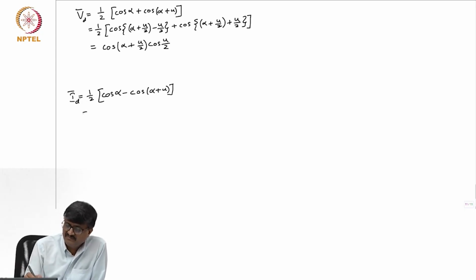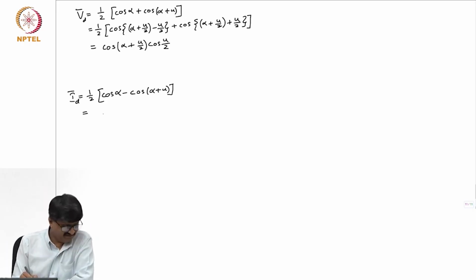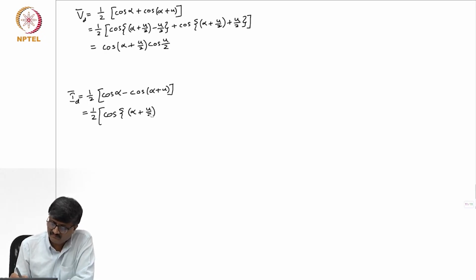So I do similar manipulations and get an equation relating ID, alpha and u. So I write again this as half cos alpha plus u by 2 minus u by 2.